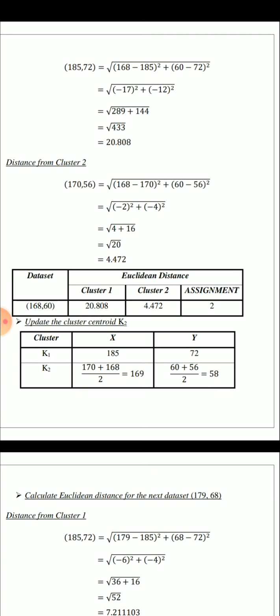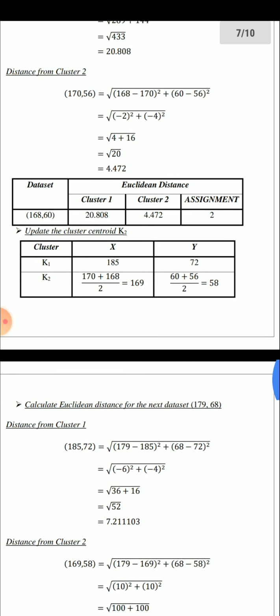Calculate Euclidean distance for the next data point 179, 68. The distance from cluster 1, 185, 72, is equal to root of (179 minus 185) the whole square plus (68 minus 72) the whole square, that is equal to 7.2 we get.